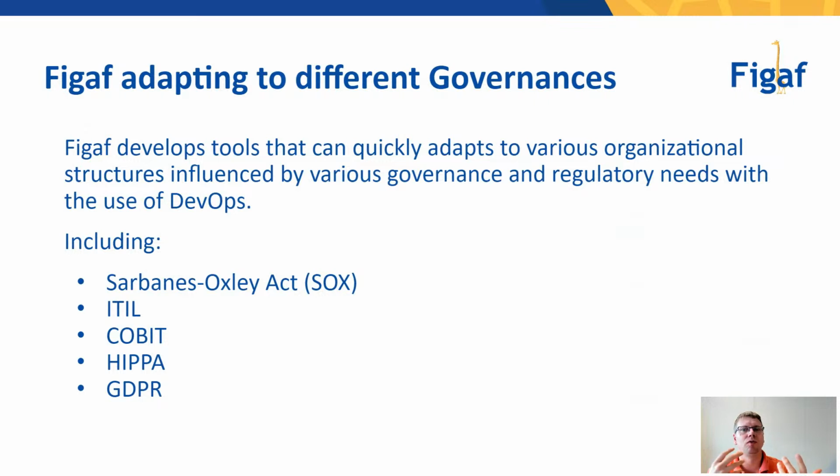You need to register all the changes that happen, who made them, and what is going on with it. It could also be ITIL, where you have a framework for what are the change requests, what are the deliverables that we need to have for you to make any modifications. COBIT, HIPAA, or GDPR are also frameworks that you need to understand. How do these affect your business?